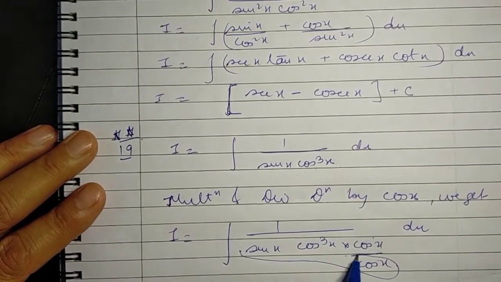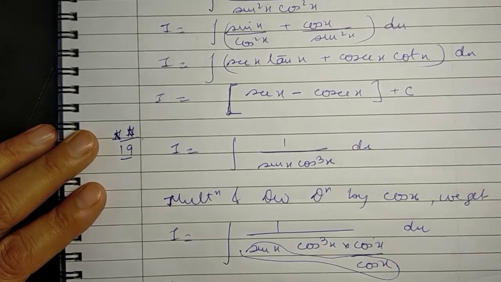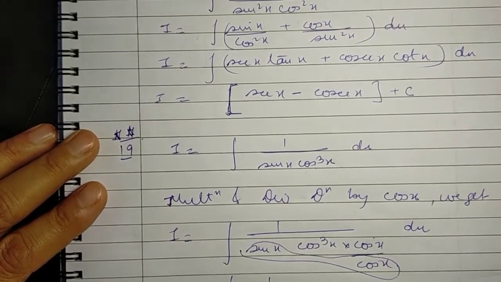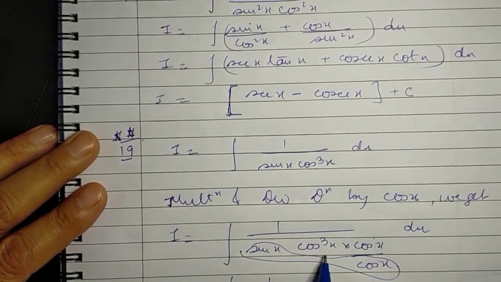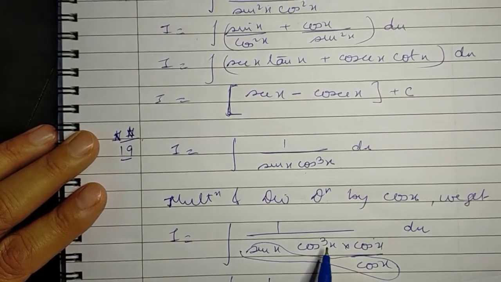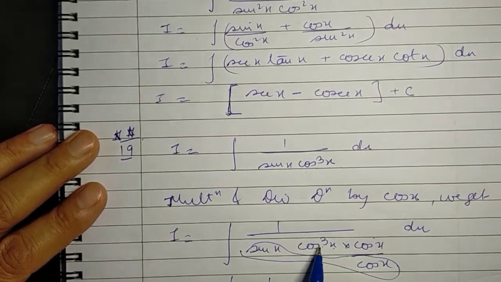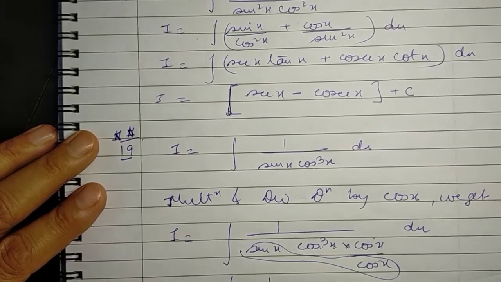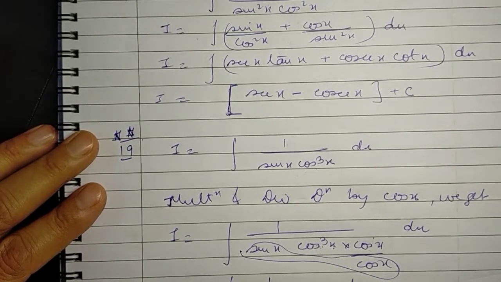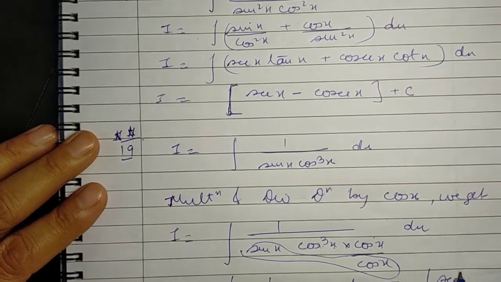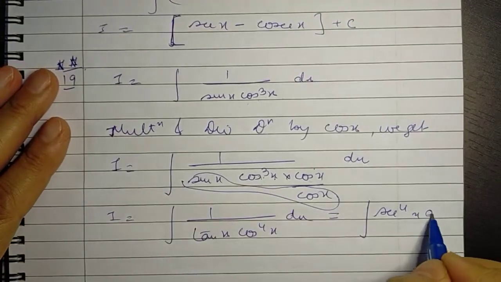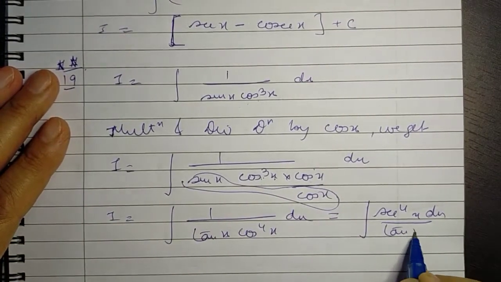This sin x over cos x becomes tan x. So what do we get? 1 upon tan x. Now cos to the power 4 x, that is cos raised to the power 4, can be written as sec to the power 4 x into dx over tan x.